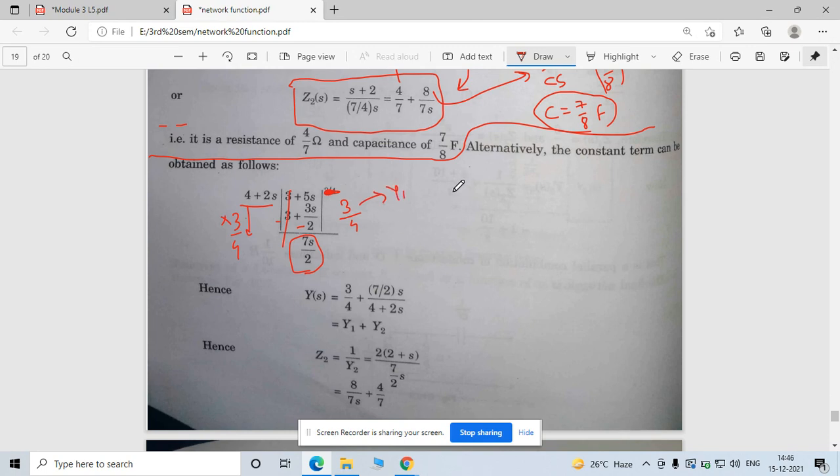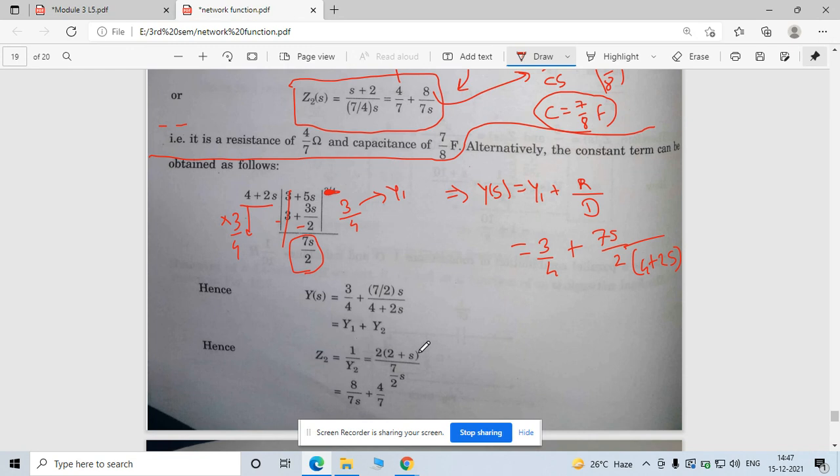So I can write this y of s is nothing but your y1 plus remainder by divisor. So this is nothing but your 3 by 4 plus what is the remainder is 7s by 2, and what is the divisor here? 4 plus 2s. Okay, so I hope this is clear to you.